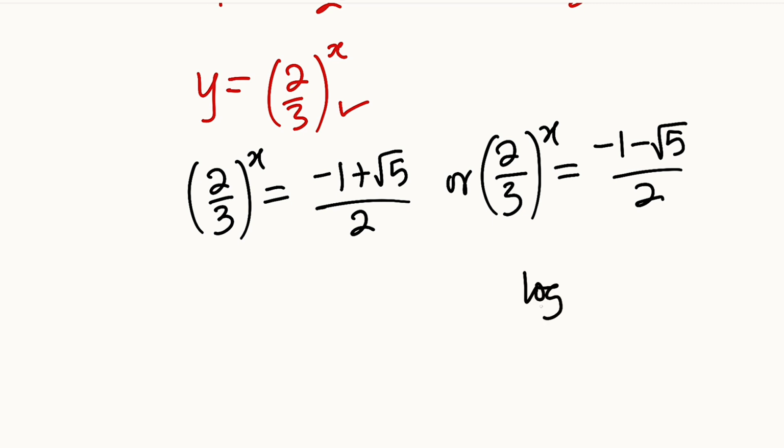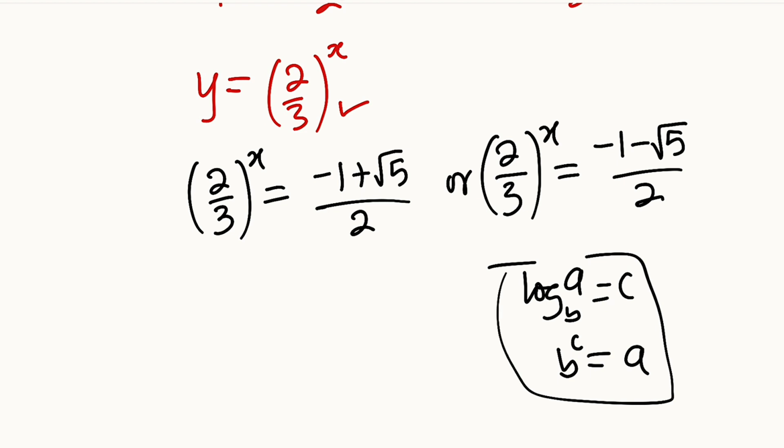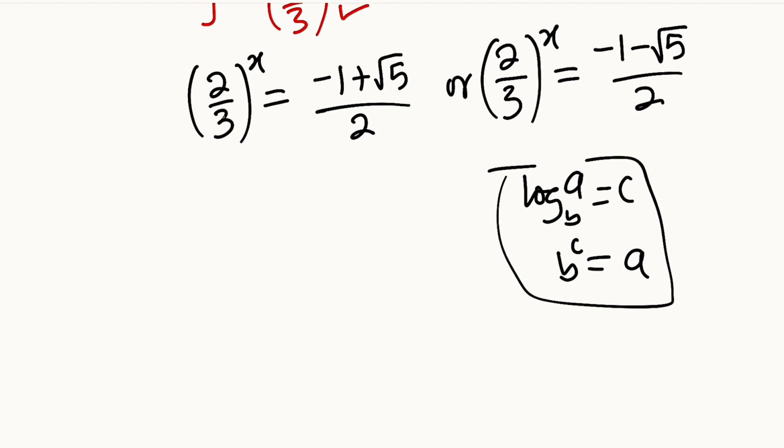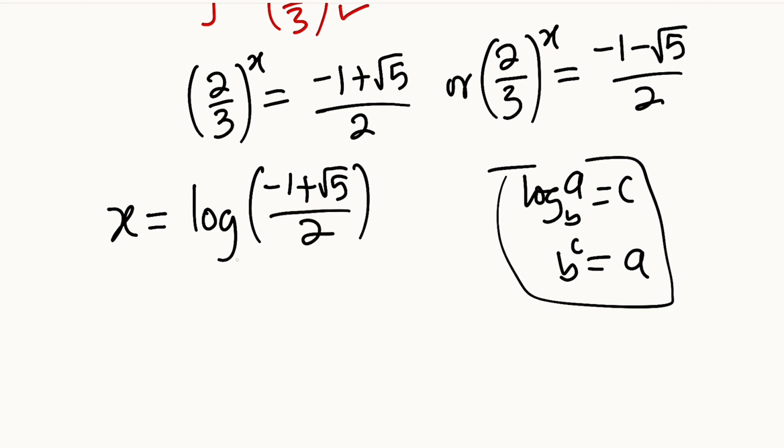One thing you should know is that these exponential equations can be related using logarithm. Remember, if you have log a base b equal to c, b to the power of c is the same thing as a. So we can use this to relate the two equations. All right. The first one here, x is equal to logarithm of negative 1 plus square root of 5 divided by 2 base of 2 over 3.